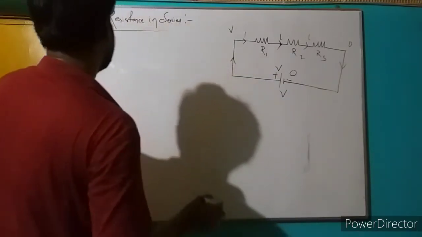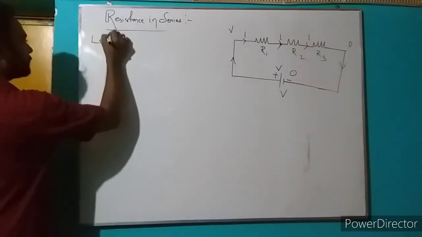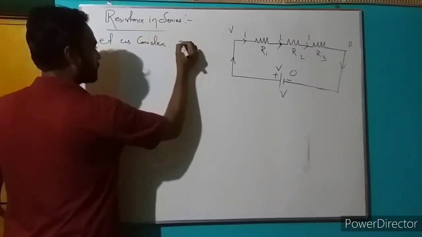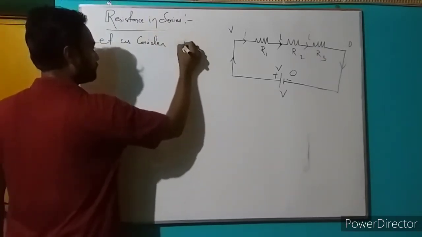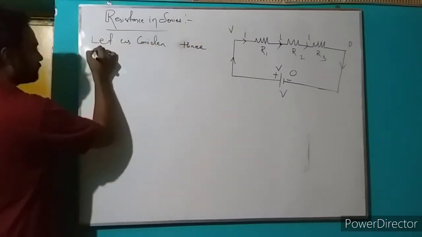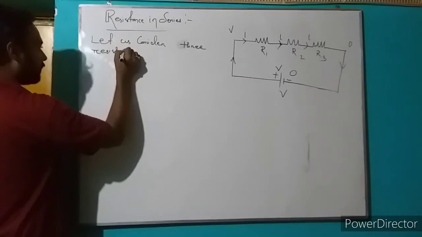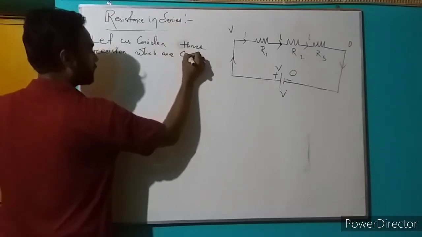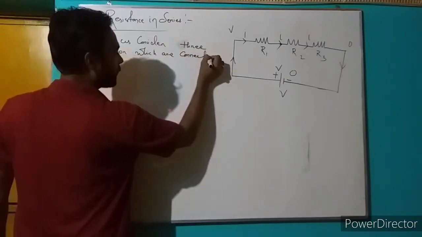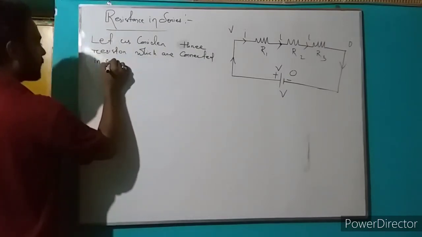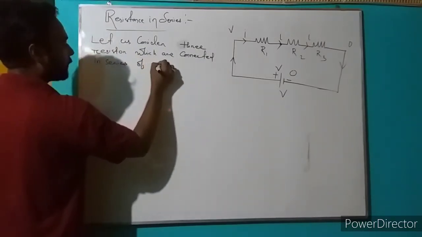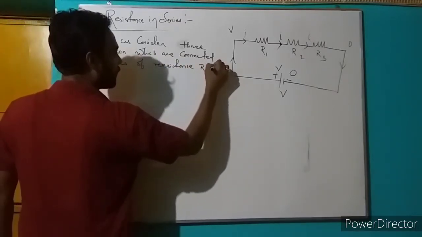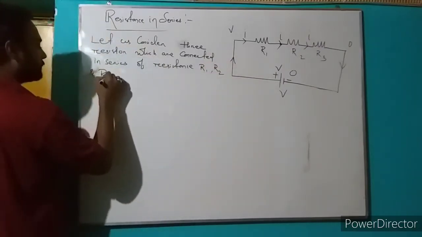clear? So here we write: let us consider three resistors which are connected in series, of resistances R1, R2 and R3.